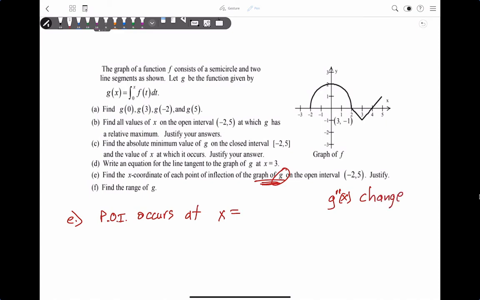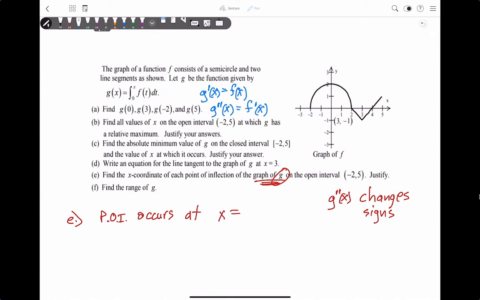Remember, we're talking about g. Since we know from the very beginning that g prime is f of x, then g double prime is the same as f prime.